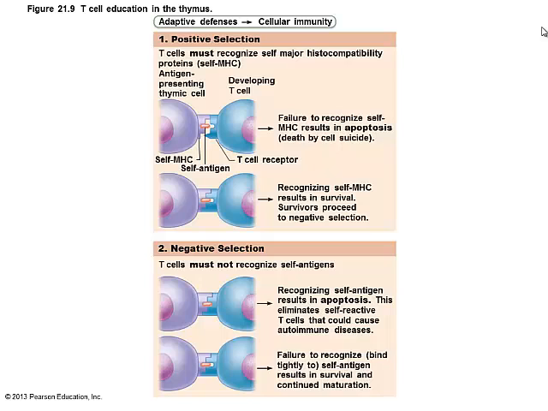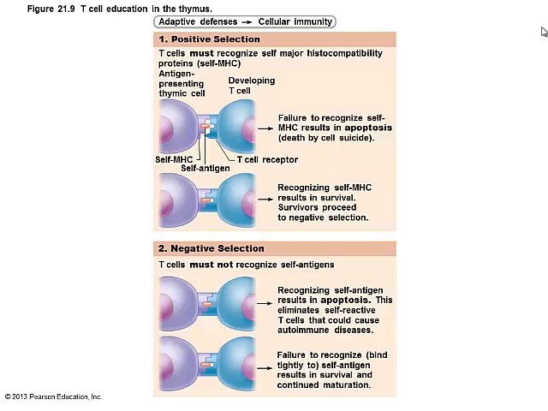So this is where in last class I talked about some fictional numbers. Say there was one cell in every single lymph node that was able to recognize a specific antigen. That's the seeding process. Once activation takes place, we're going to see that a lot more of those cells are produced.